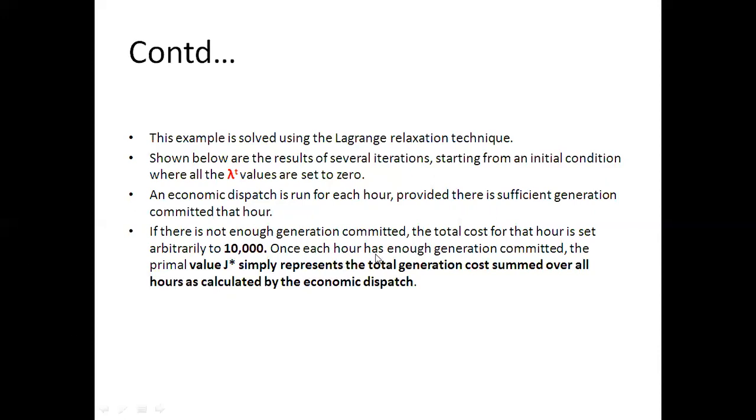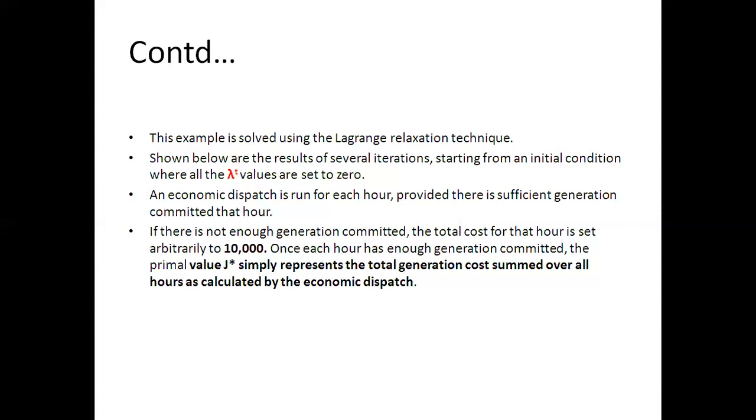Once each hour has enough generation committed, the primal value J star simply represents the total generation cost summed over all the hours calculated by the economic dispatch. If there is not enough generation, we take an arbitrary value for that hour, set to 10,000.